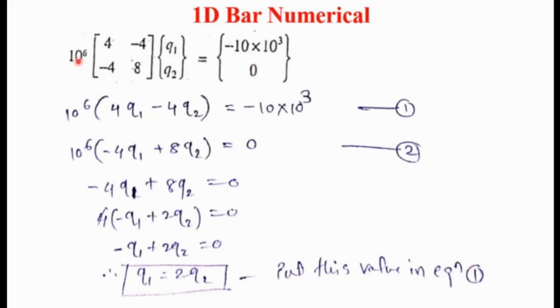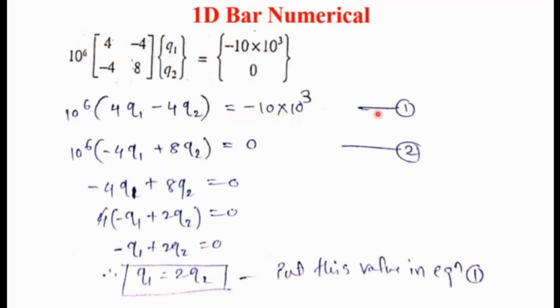We can write 10 raised to 6, which is common, times 4 Q1 minus 4 Q2, is equal to the first row, which is -10 into 10 raised to 3.